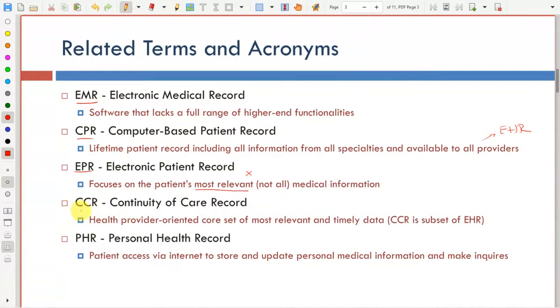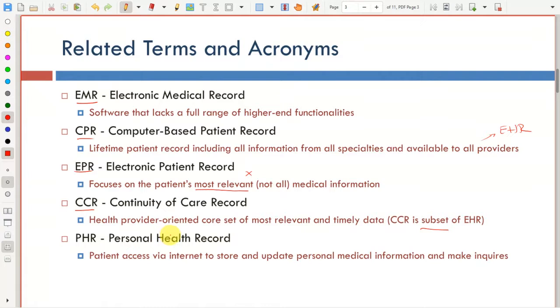You have CCR, which stands for continuity of care record. It's the health provider-oriented core set of most relevant and timely data. Again, it's kind of a subset of EHR, but oriented towards the health provider.